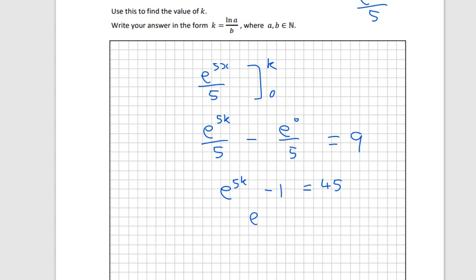Therefore, if I bring over the minus 1, e to the power of 5k is equal to 46. Then I'm going to do ln on both sides. ln e to the 5k is equal to ln 46.